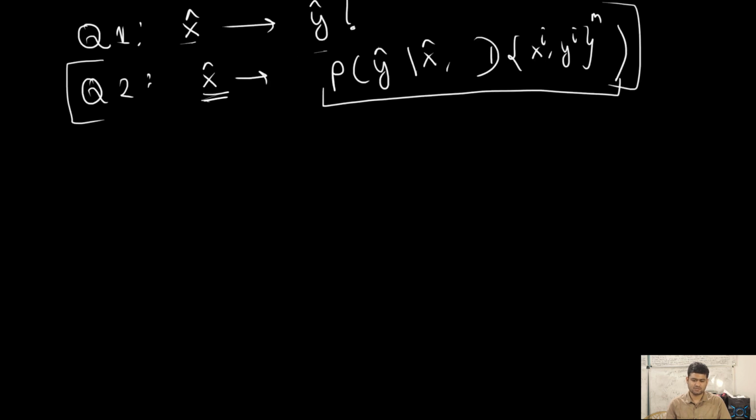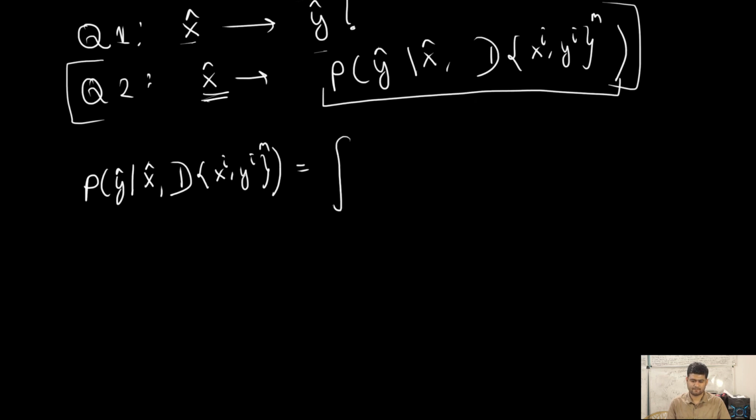So the posterior distribution of y hat, the conditional distribution given the x hat and the data set that we have observed so far, which is a set of m data points, is simply P of y hat given x hat and w times the posterior distribution.